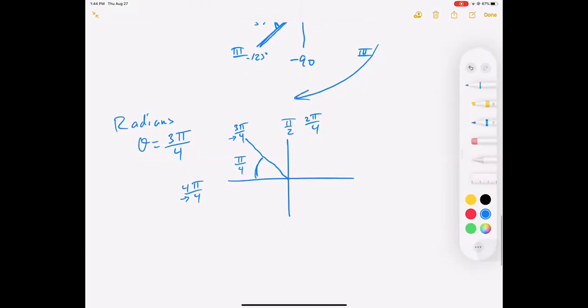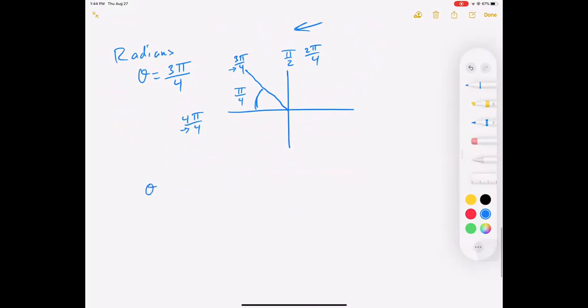Let me make this a little dumber, okay? Theta is 9 pi over 8. What quadrant do you guys think this will be in? So I'm going to set up a poll really quick. The poll is going to ask you which quadrant this is going to be in. Think of it right now. 1, 2, 3, or 4?